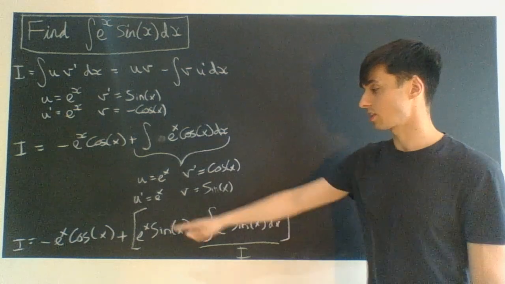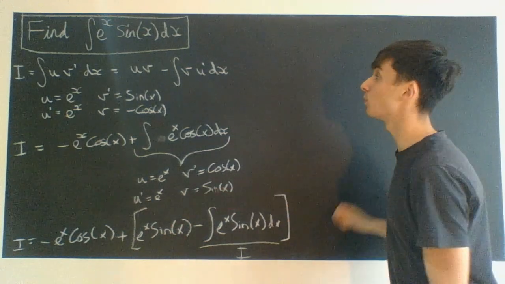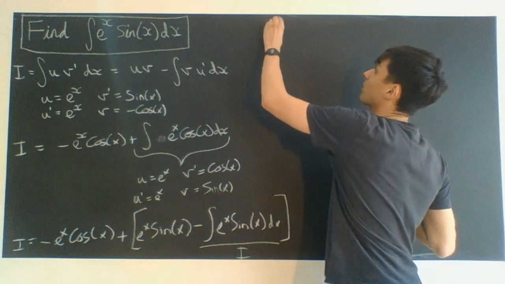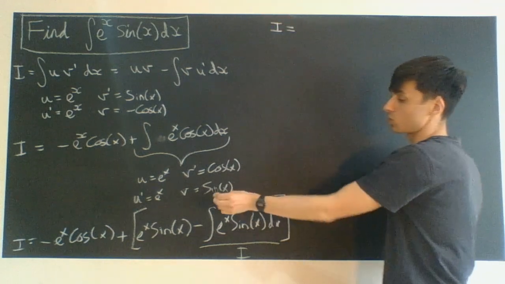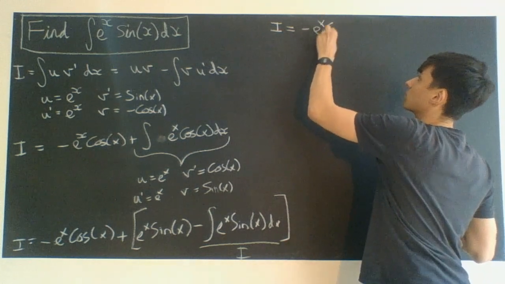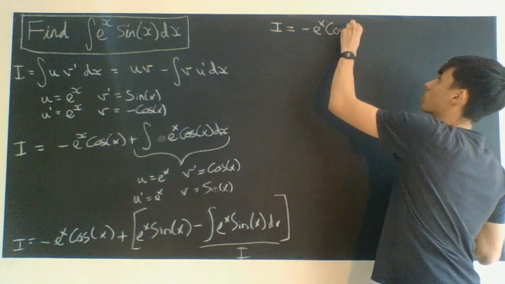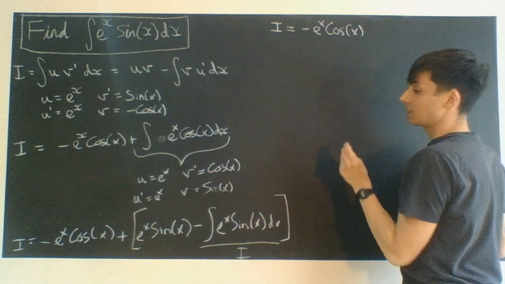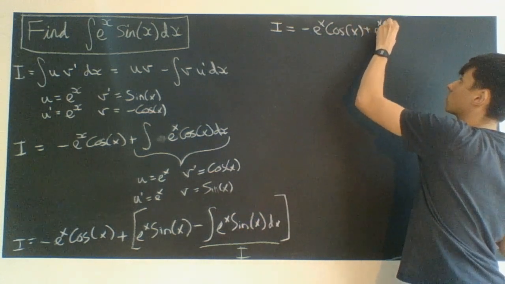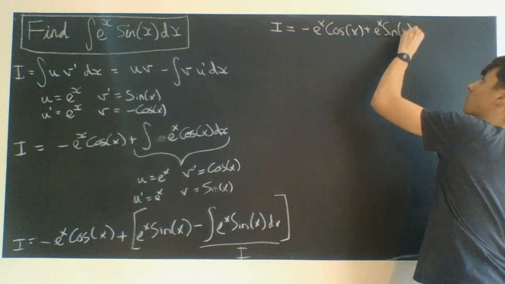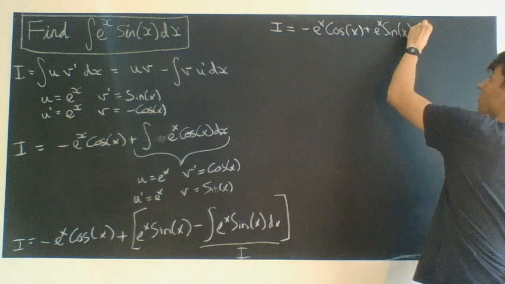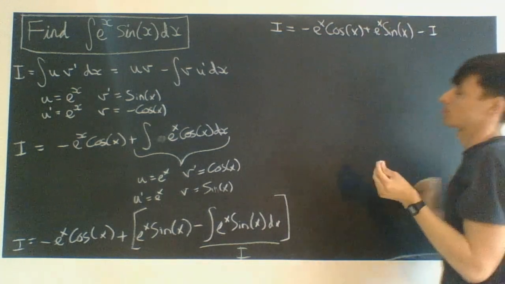This is really interesting for us because if we write this out in full now, what we have got is I equals minus e to the x cos x plus e to the x sine x minus I. We've got a minus sign in front, which is very important for us.